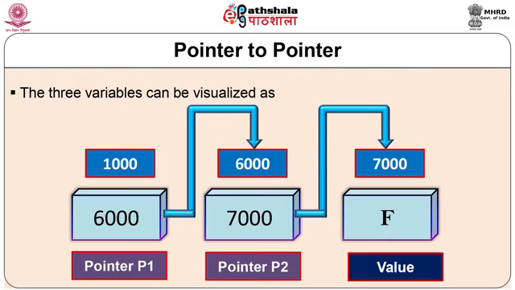Pointer P1 is a pointer for P2, therefore P1 stores 6000 as the address of pointer P2. Now if you want to relate P1, P2 and character F, you can say P2 is a pointer for F, P1 is a pointer for P2, and P1 is a pointer to pointer for character F.